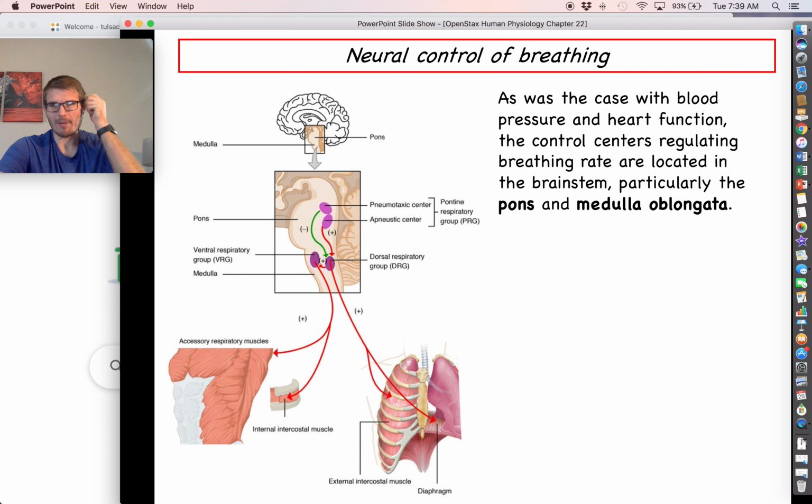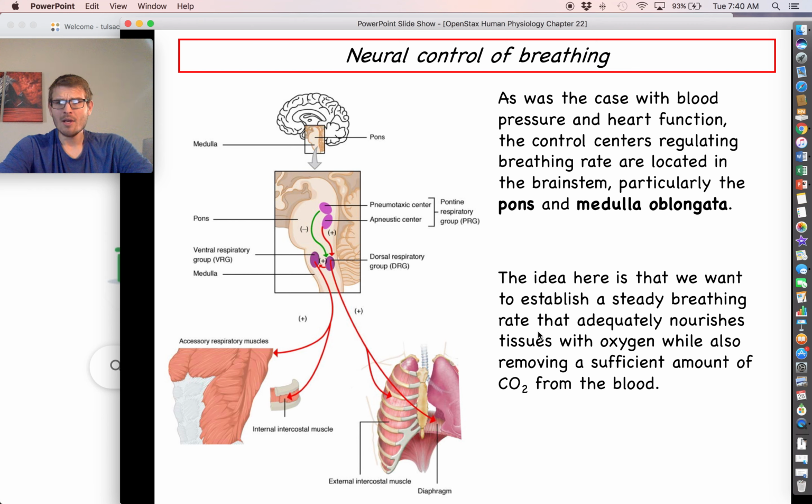So as was the case with blood pressure and heart function, we have these autonomic control centers. Again, they're located in basically the same place as before, the pons and the medulla. So our idea here in terms of maintaining homeostasis, which has been our persistent topic throughout the semester, that's what we're always trying to accomplish. What we are trying to maintain here is consistent and adequate levels of oxygen in the tissues, because obviously that is the whole purpose of the respiratory system.